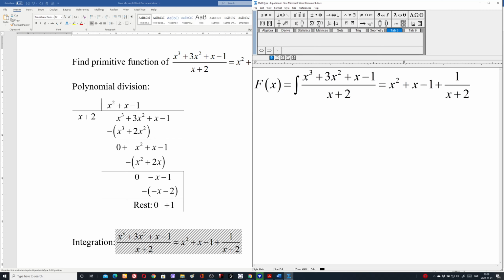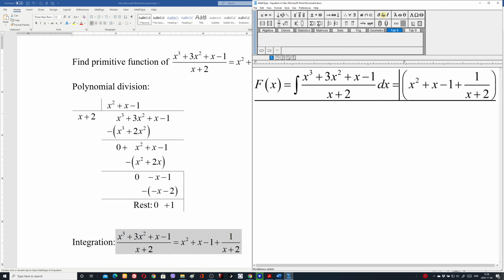This means that this is the primitive function of this one here, and there will be the dx here, and I will find the integral of this one here.